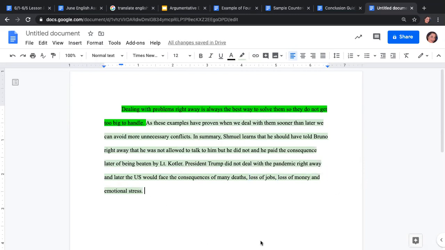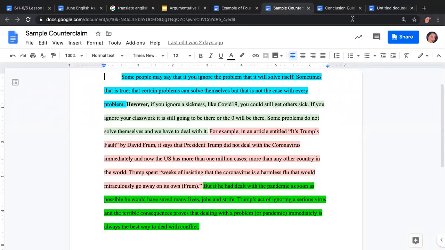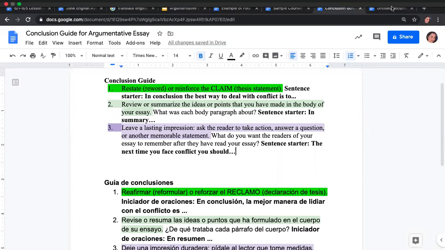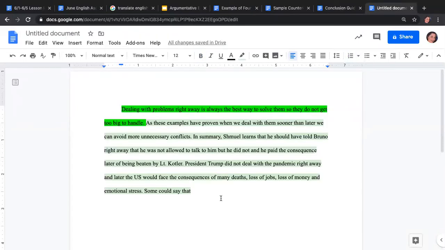All right. Now the next part. So here's a summary. And actually, if I want to include a little bit from my counter, I can. Some could say that you ignore the problem, it will solve itself. This is just coming from my counter paragraph, and I don't want to rewrite my whole paragraph.